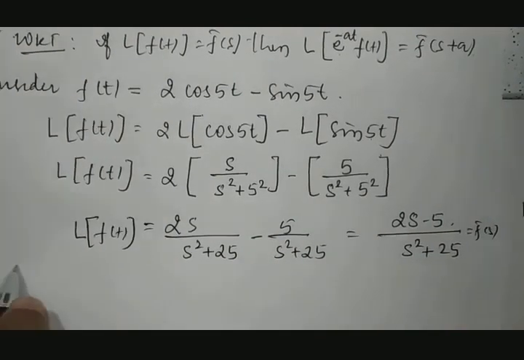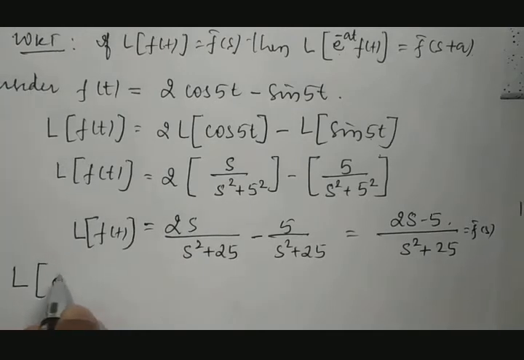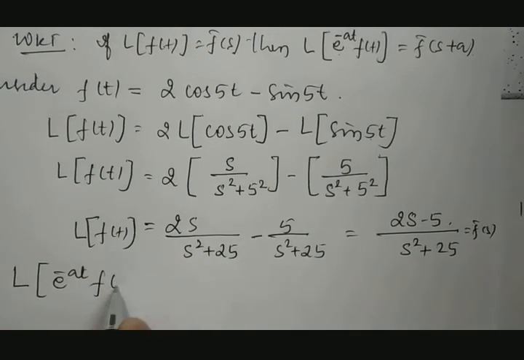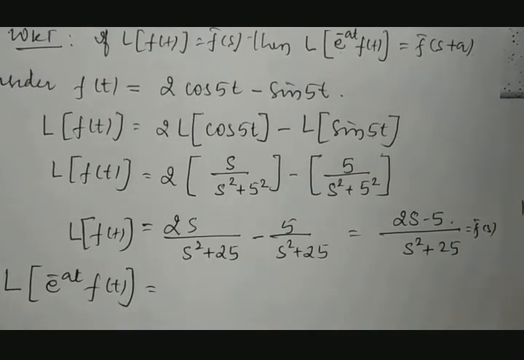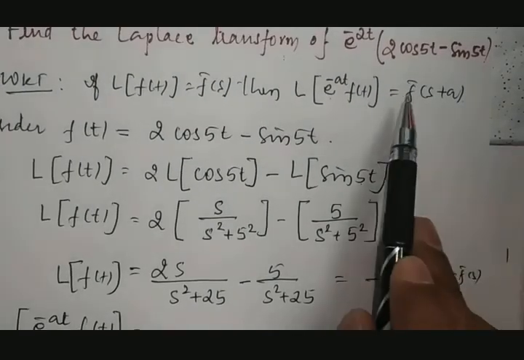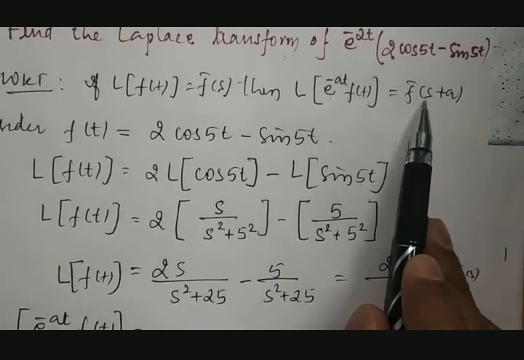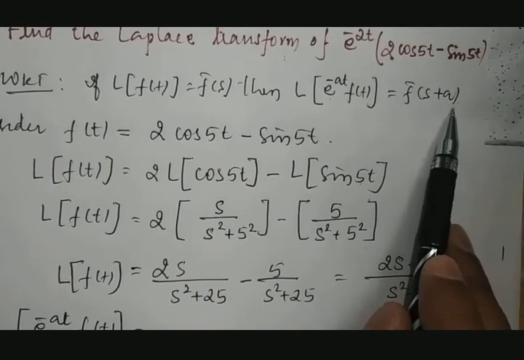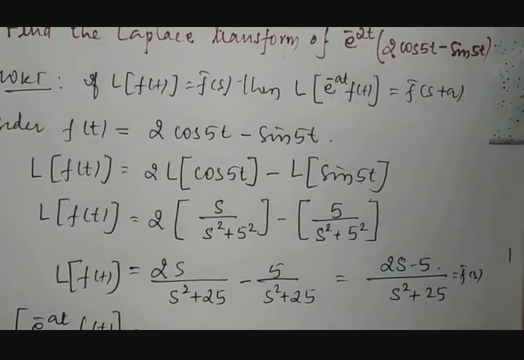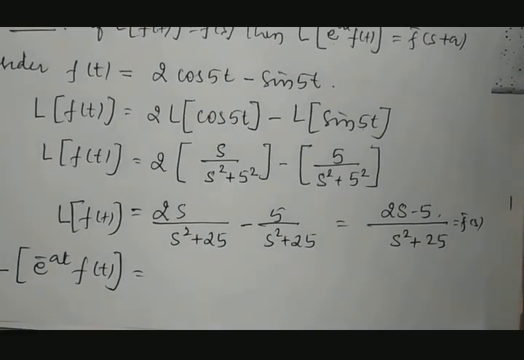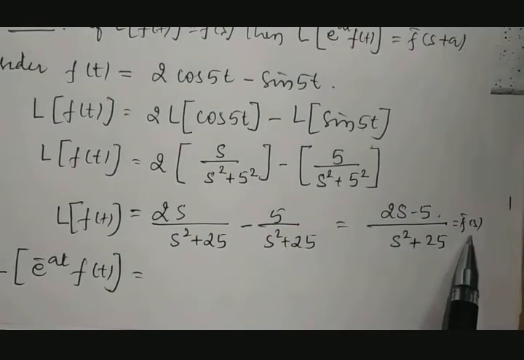Now I am taking L of e raised to minus at into f of t. As per this, what is going to happen now? F bar of s is going to be replaced by f bar of s plus a. Means s is going to be replaced by s plus a. Means the basic function, the result will be advanced with a.